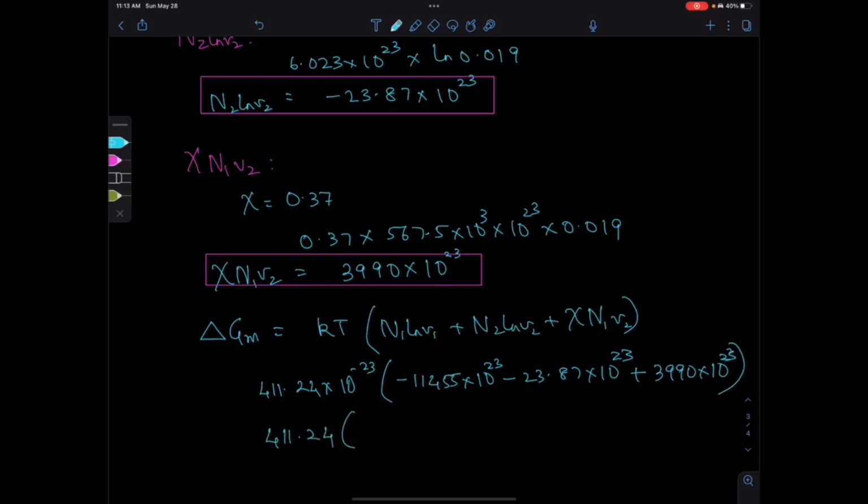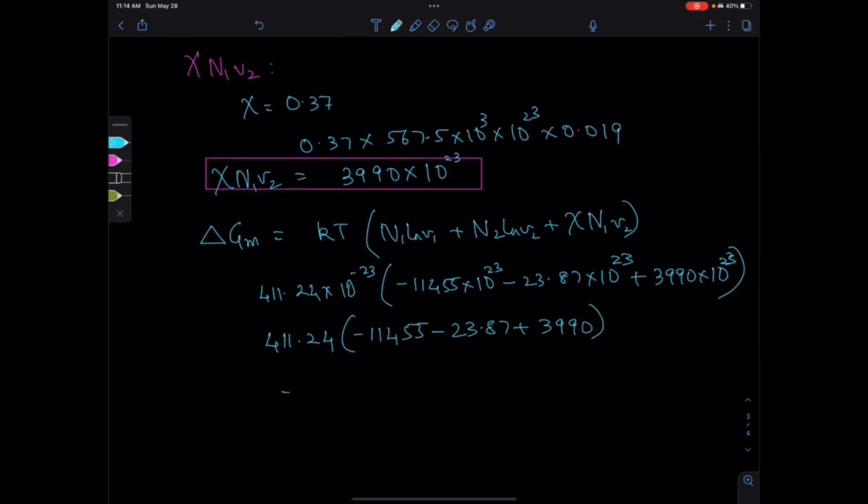Multiplying by 411.24, that gives us 3080 kilojoules.